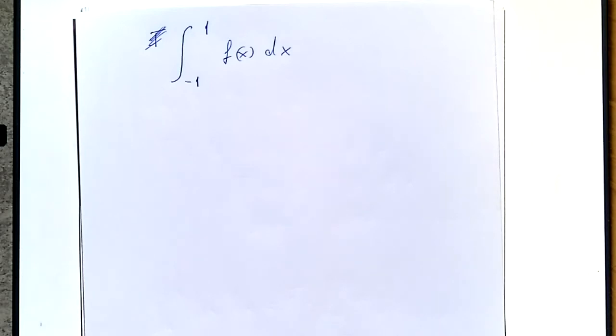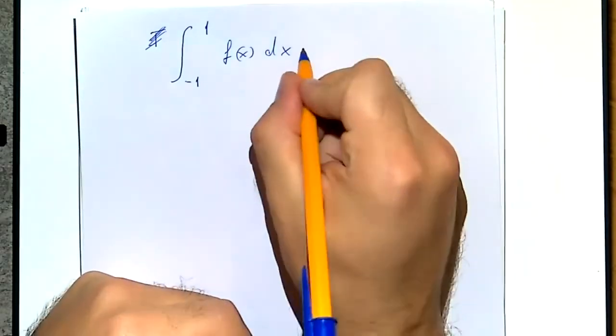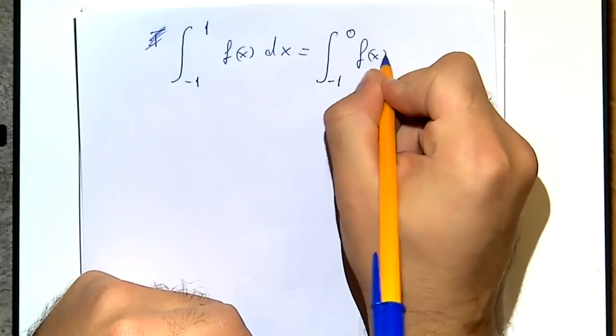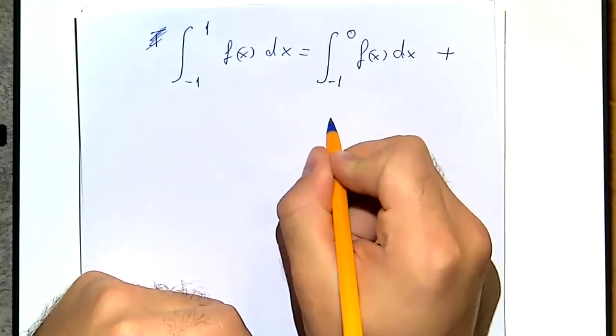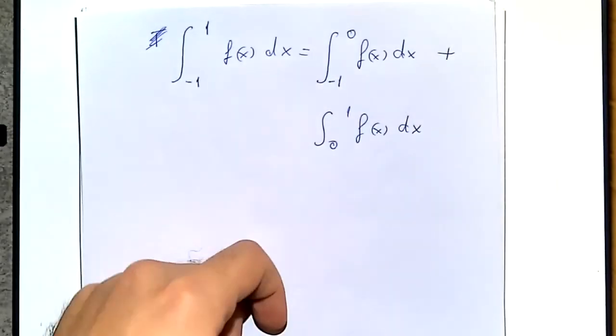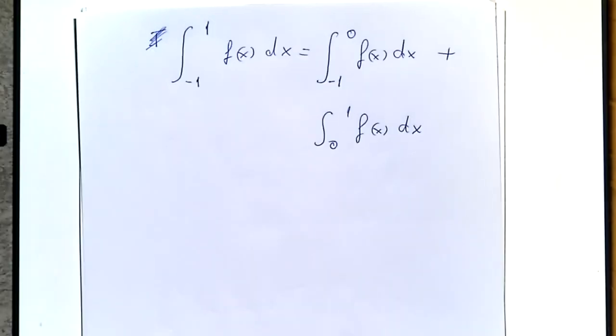So I'm adding from -1 to 1. Can I just write this as from -1 to 0 of f of x dx plus from 0 to 1 of f of x dx? Yes, of course I can. I'm still adding the same stuff. I'm just splitting it into 2.